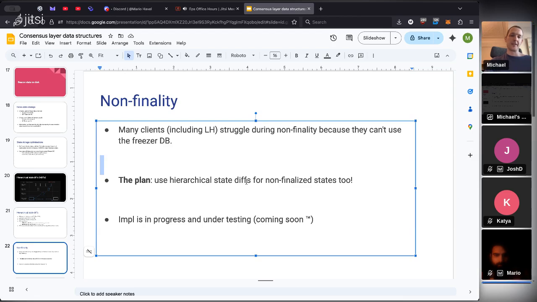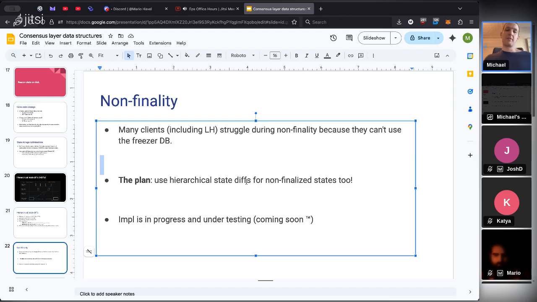Wouldn't that have a big overhead for memory and storage as well? Yes, it does. It's definitely more than the freezer database, but it's still a lot less than storing the state every epoch, because the diffs are relatively small. A lot of the diffs are a megabyte or less.